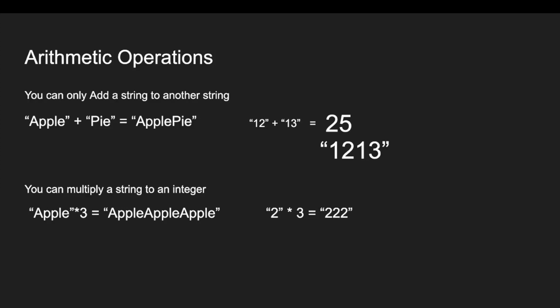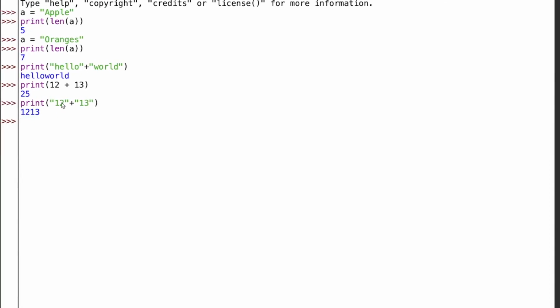Let us see this in code. If I say a is apple and multiply a by 4 and then print it, it prints apple 4 times concatenated to itself.